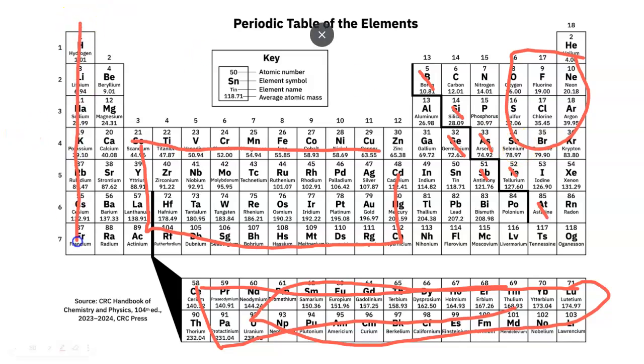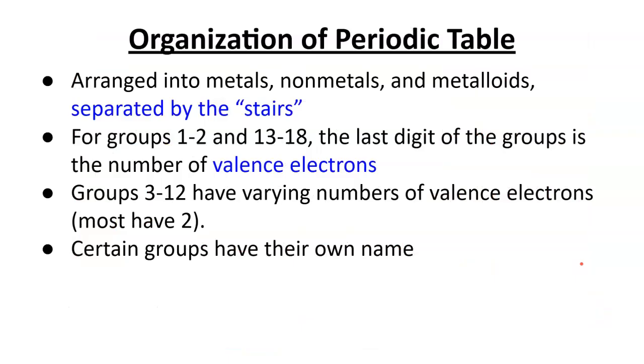So everything in group 1 has 1 valence electron in that outer ring. Everything in group 2 has 2. Everything in group 13 has 3, 14, 4 in that outer ring. 15, 5, 16, 6, 17, 7, and 18, 8. That's going to be pretty important moving forward.